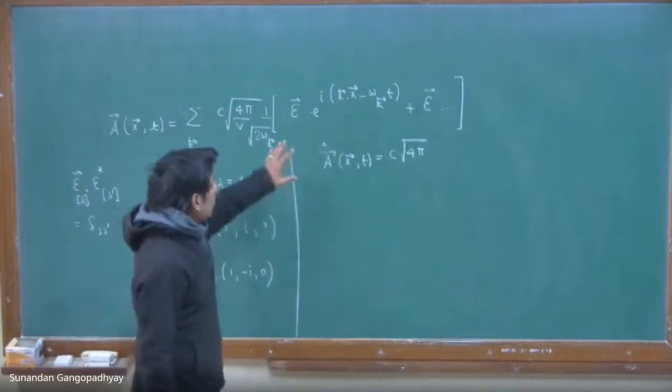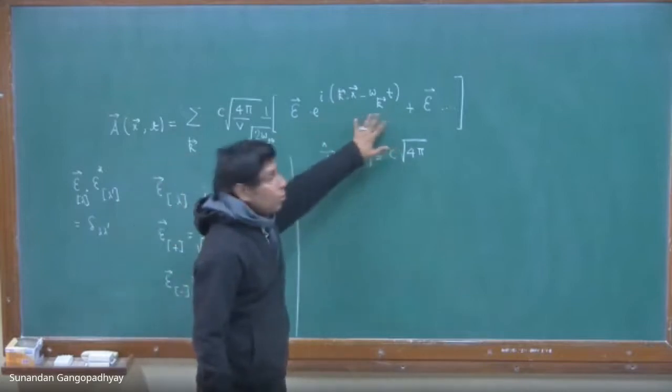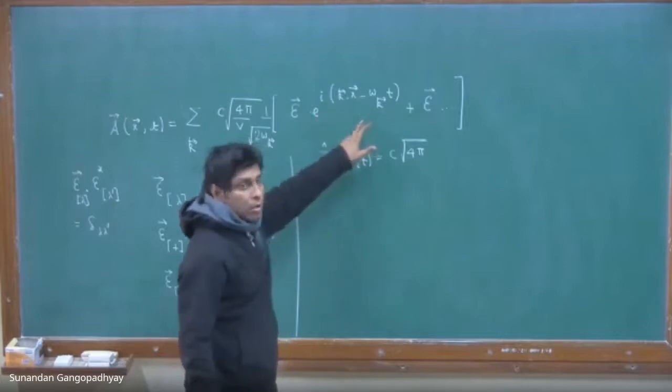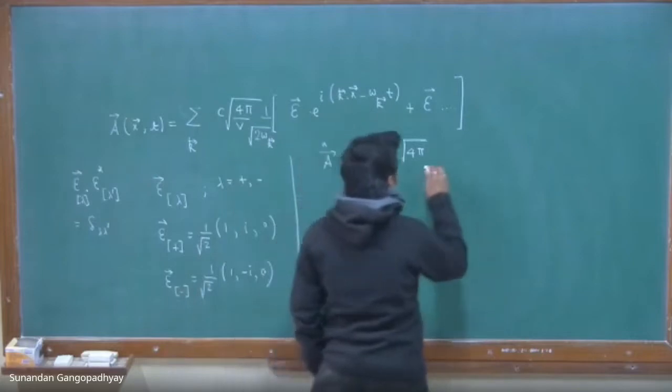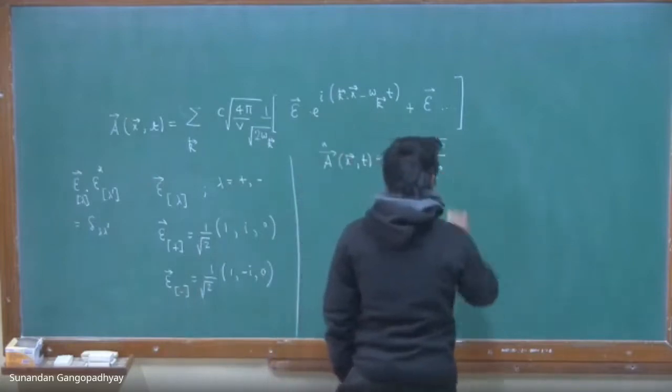And now in the quantum case, again we shall expand in terms of these normal modes. That is why this is called a normal mode expansion. So these are the normal modes, and in the quantum case we shall expand this field operator in terms of the normal modes. And the expansion will be something like this.